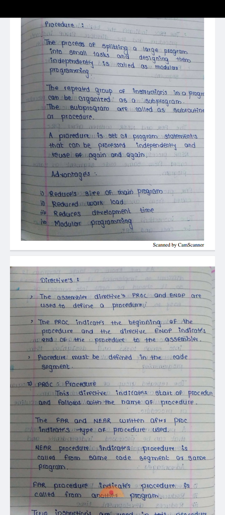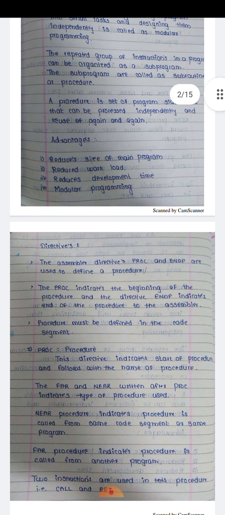We have used common directives in our programming language, that means DB, DW, ENDS, START, ASSUME, CS, DS, END. All these directives we have used for our common programming. But for procedure, different directives are designed.